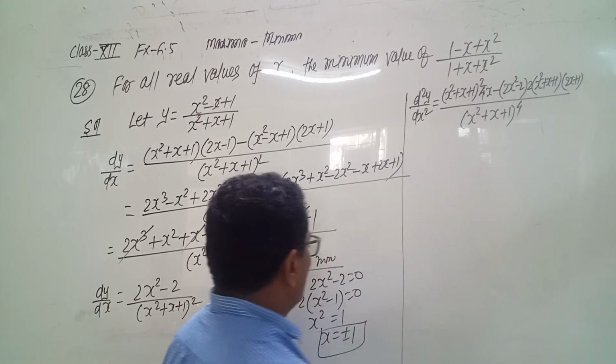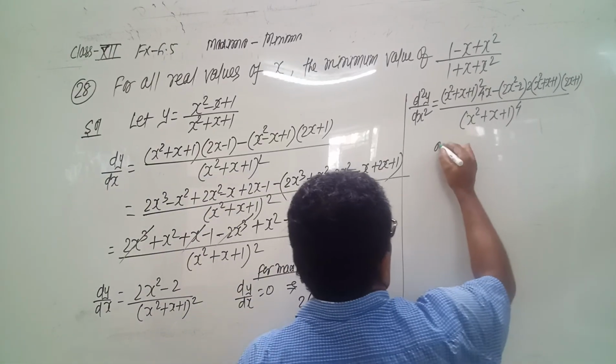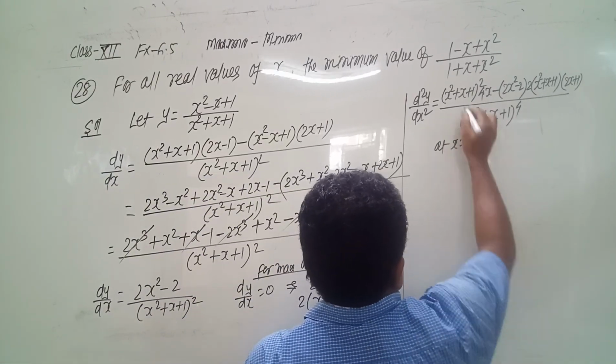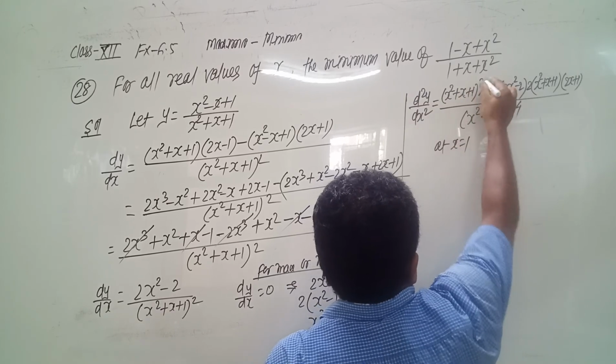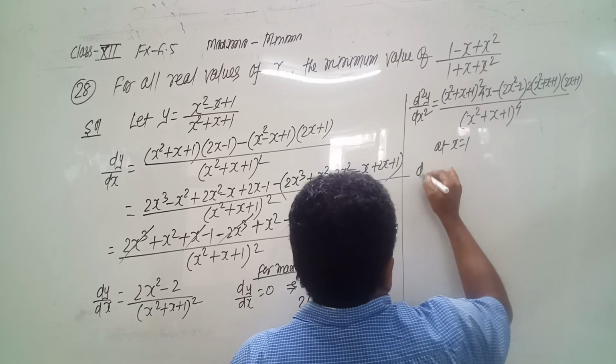So put the value of x equals 1. We get 1 plus 1 plus 1, 3 the whole square, 9, 9 into 4, 36.